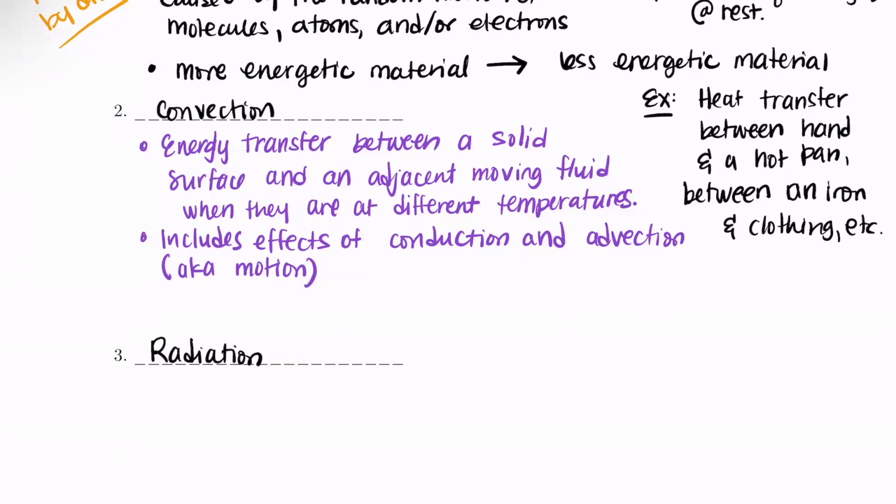There's two types of this, which I'm just going to inform you of. I'm not going to belabor it because this is a 3500 topic, but there's forced convection. So this is when the motion of that fluid is caused by an external means.